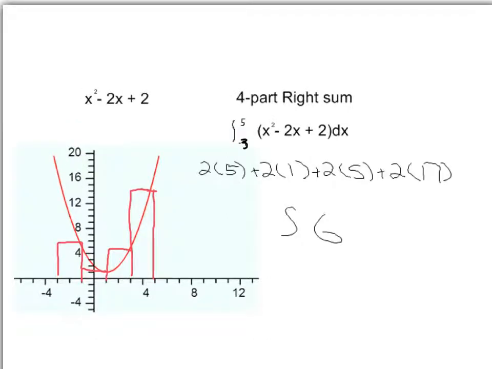So I found the total area to be equal to 56. That can be found by multiplying the width of each rectangle, which the width is 2 because that's how I split 8 up into 4 parts, by each height, which is dictated by the right point. So this height right here is 17, this height is 5, this height is 1, and this height is 5 as well.